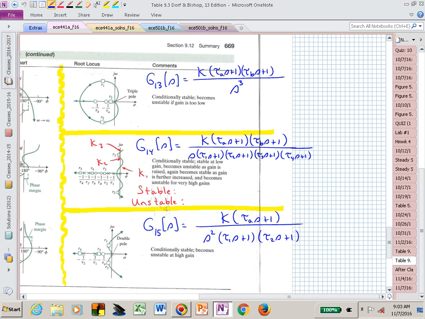You are trying to find these values of gain k where you are in the left half plane, when you're in the right half plane, etc., so that you can bound k or know which range of k might lead to a stable system.